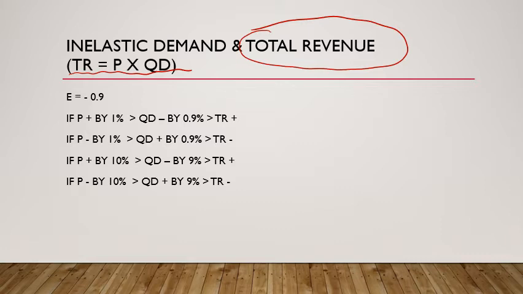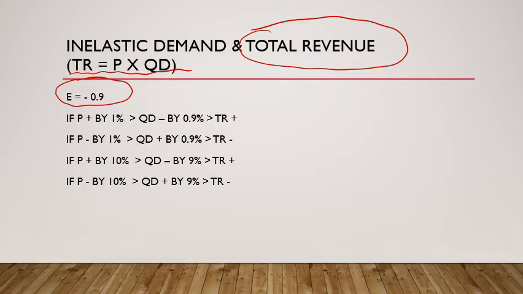So we want to know what the relationship is between a price change, quantity demanded, and then in turn, what happens to the total revenues which the company is generating. So case in point, we're using this coefficient here. E is equal to negative 0.9, which is inelastic, isn't it?